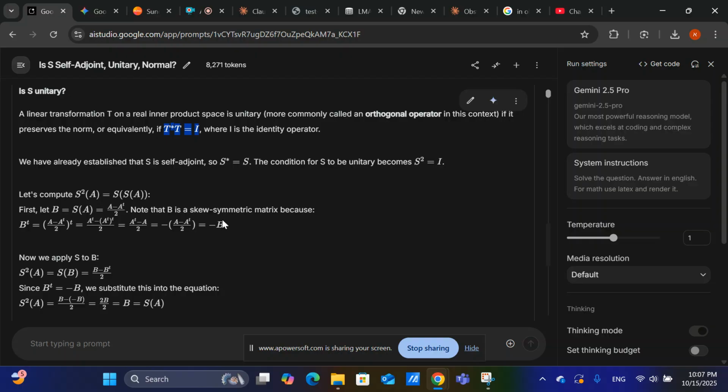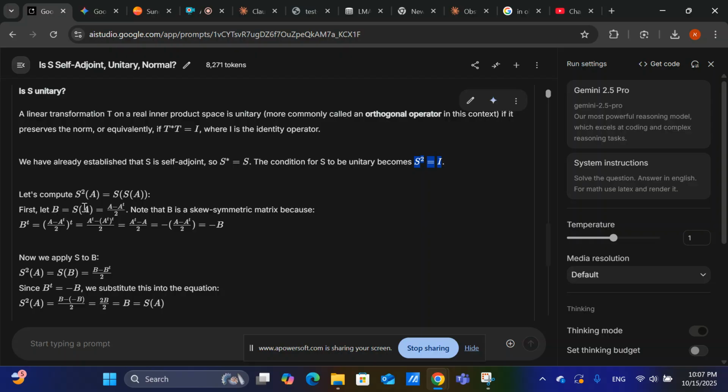We saw that S is self-adjoint, so S star equals S. If we plug it in and say that S star equals S, the condition for unitary becomes S squared equals I. So let's calculate S squared.